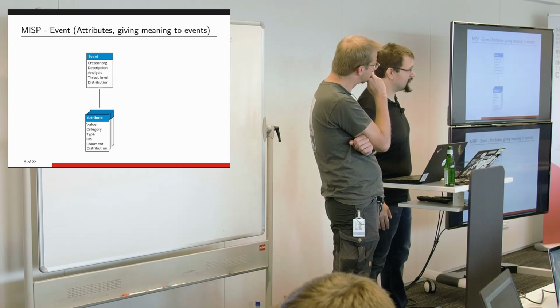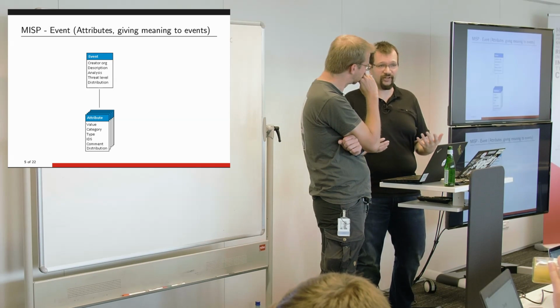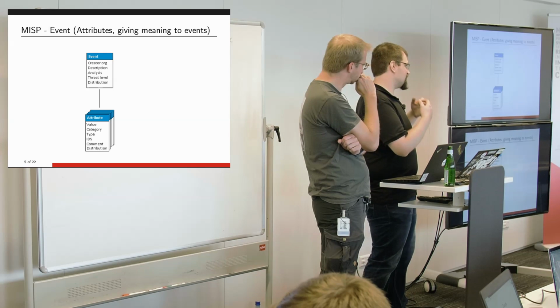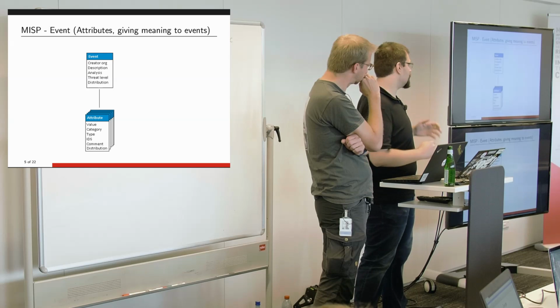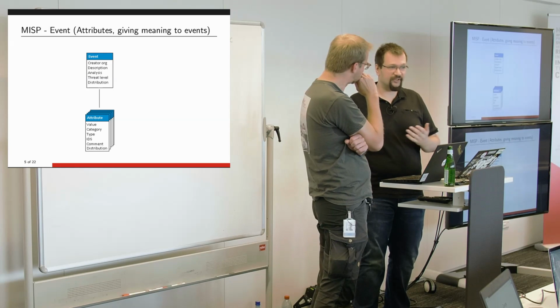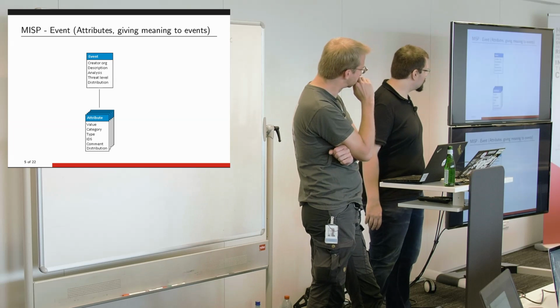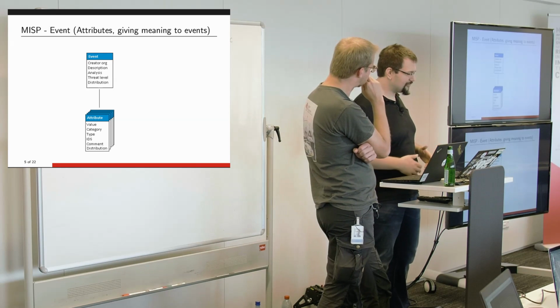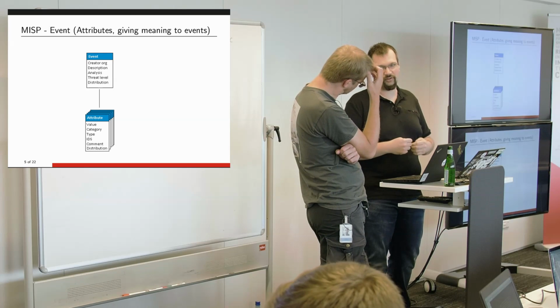Then each of these events is made up of a list of attributes. Again, these are those atomic points of data that could, for example, describe an IP address. It could be a malware sample. It could be something like a car plate number if you're in one of those communities. Basically, the data is described in a tuple of 4 fields generally.